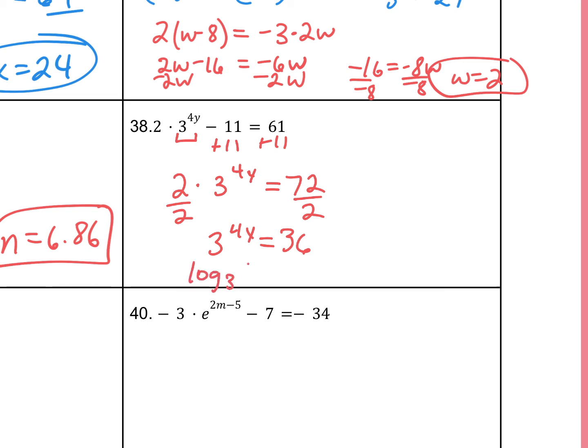Log base 3 of 36 equals 4y. Type that left side in my calculator, log of 36, close parenthesis, divided by log of 3. And I get 3.2618 equals 4y. Divide by 4. And y is going to end up being around 0.815.